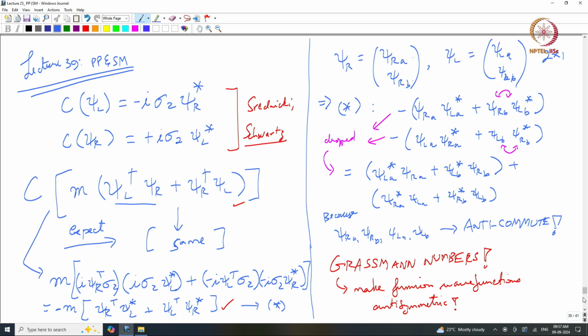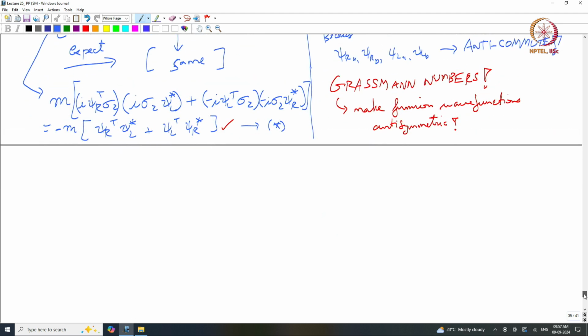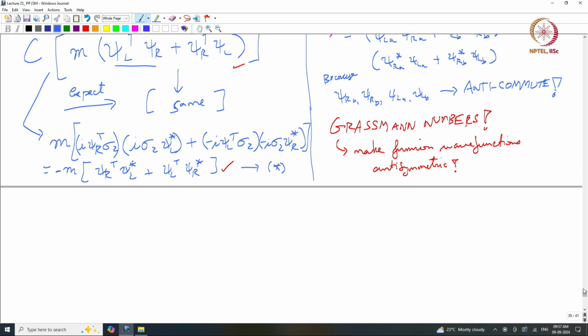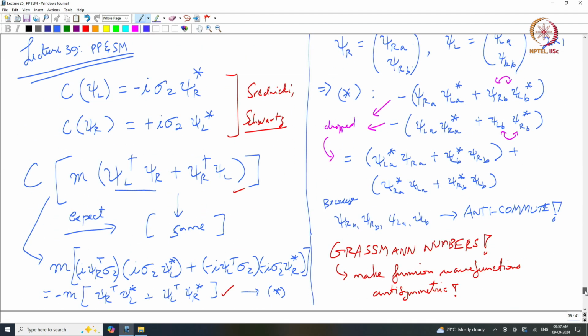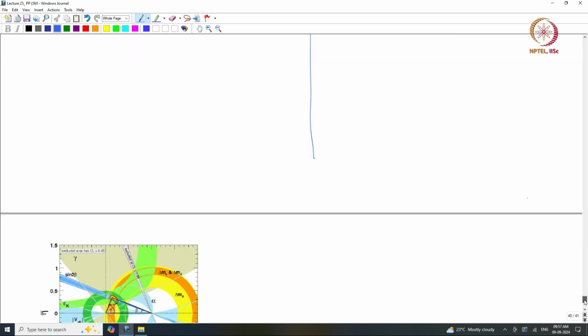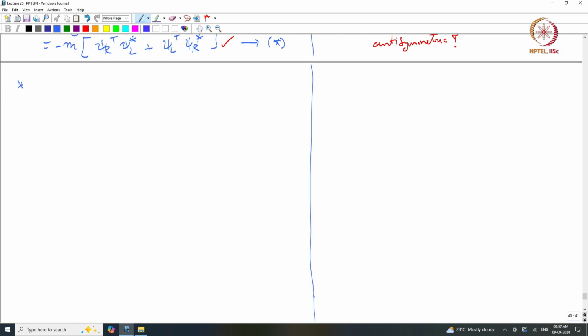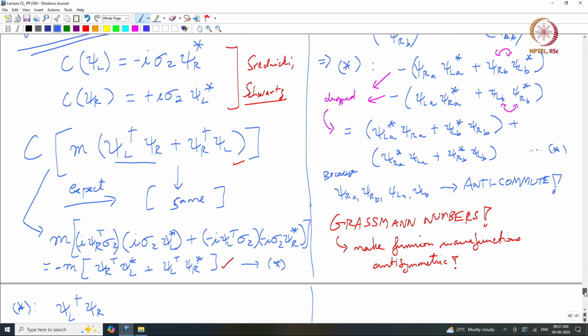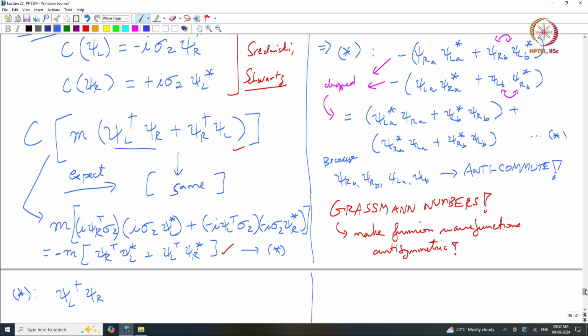Now, if you make use of that, then once again what is this? This is still the equation star. Then you will have no trouble seeing that equation star is giving me nothing but, I think I dropped an m somewhere, does not matter. So, I will just put star over m.